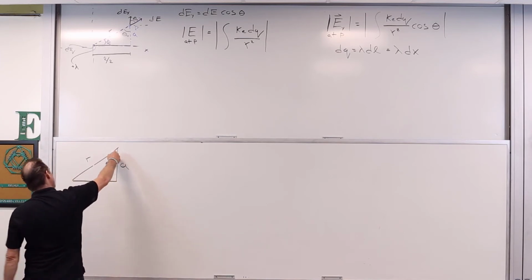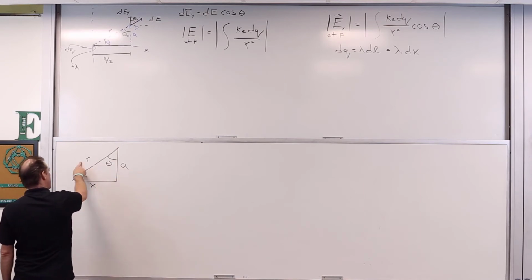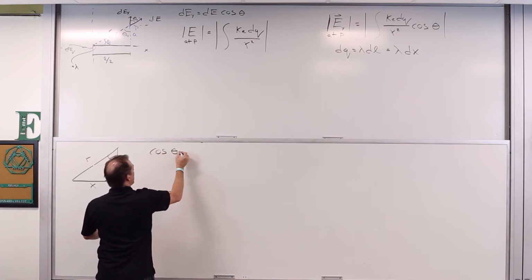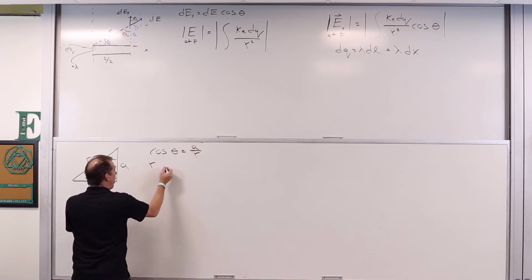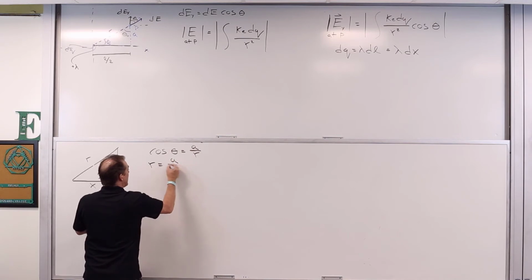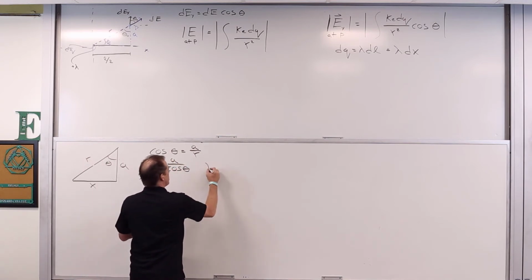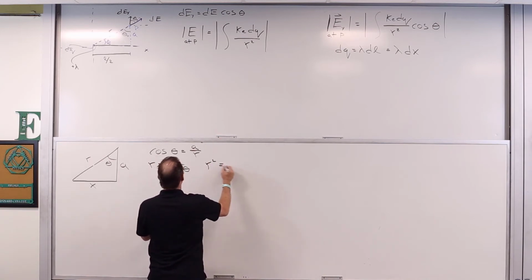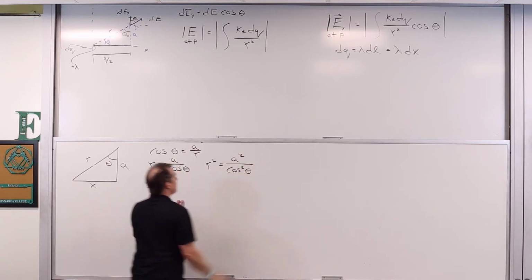We could look at this and say, oh, well, the cosine of theta is equal to adjacent over hypotenuse, which would be a over r. So the cosine of theta is equal to a over r. So we could write out that r itself is equal to a divided by the cosine of theta, which then says that our value r squared in terms of its variance with respect to theta can be written as a squared divided by cosine squared theta.